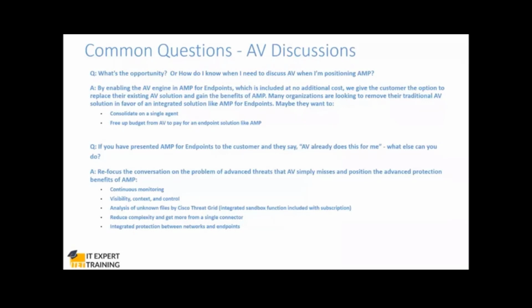Next, integrated protection between the network and endpoint. It's an additional feature, an integration. If you have any VPN client software, like Cisco AnyConnect, this AMP for Endpoint can integrate with the Cisco AnyConnect VPN solution. When I'm at home and try to connect to my office, the VPN agent will initiate.